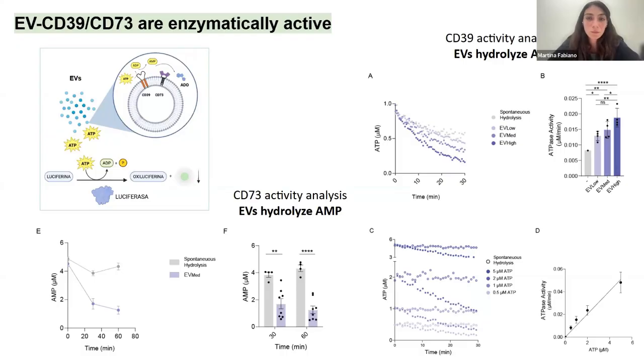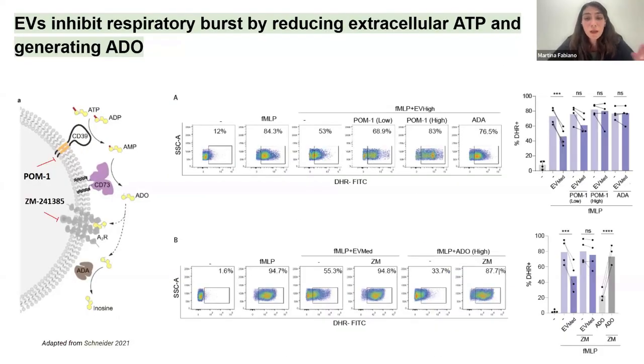The following, please. In order to test that, we exposed neutrophils to 3 different compounds. As you may see here in the left panel, we treated neutrophils with POM1, an inhibitor of CD39, then ZM, an inhibitor of the main receptor that I told you about before, A2A, and ADA, the adenosine deaminase.